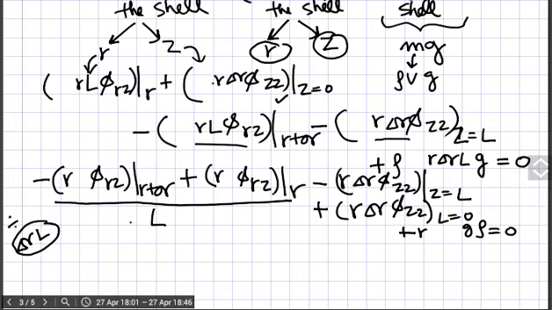Delta R will come here, and here this delta R will be cancelled. This whole thing will be divided by L, and here there is nothing in the denominator.